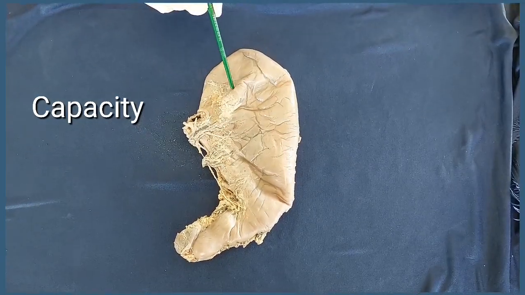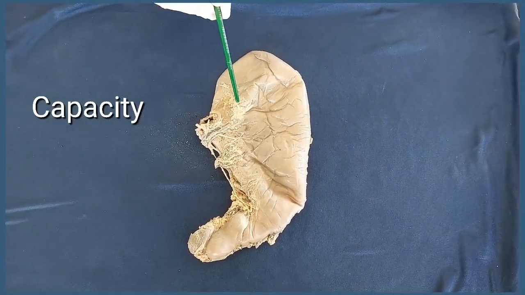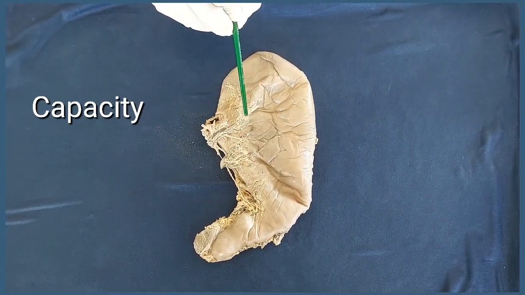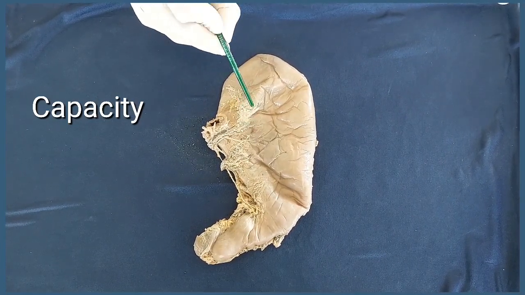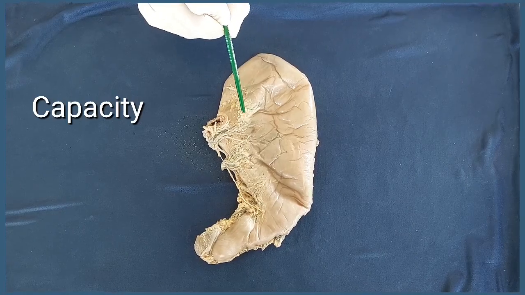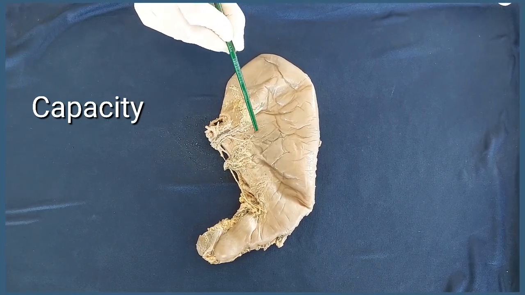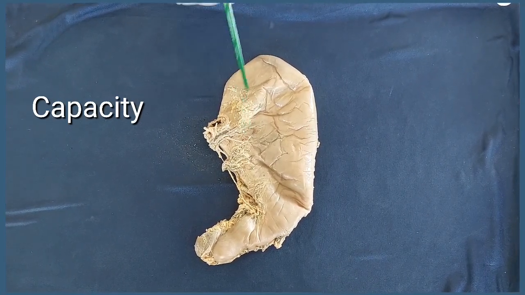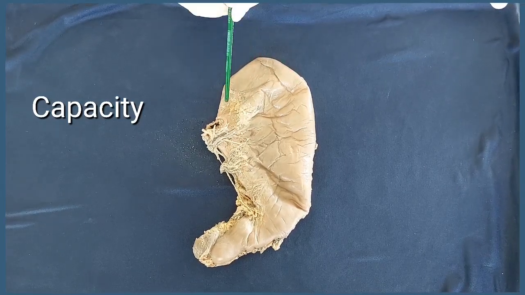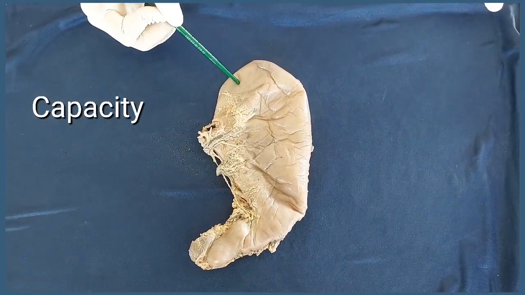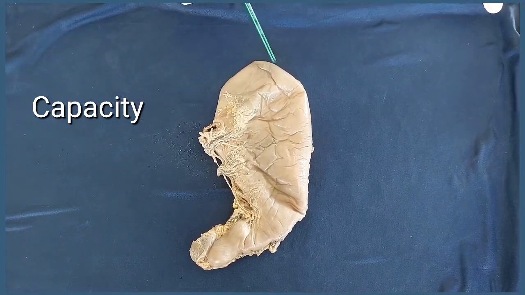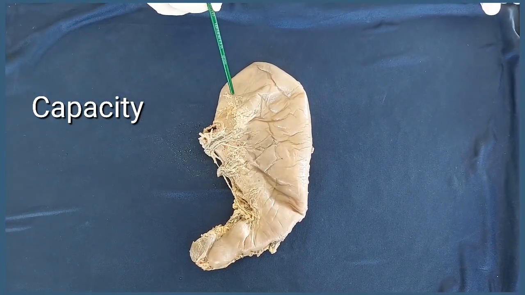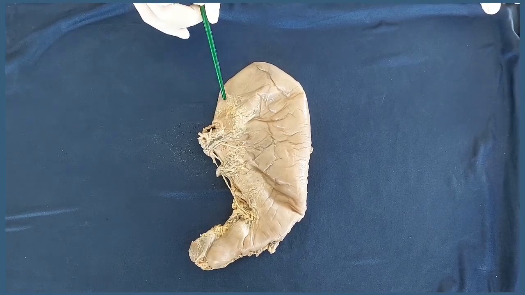If we see the capacity of the stomach, in a newborn it is around 30 to 50 ml only, but in an adult the average capacity of the stomach is 1000 to 1500 ml. The fundus of the stomach is filled with air even when the stomach is empty, and the amount of fundic air is 50 ml in an adult.